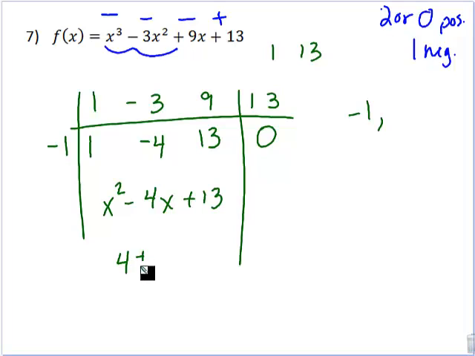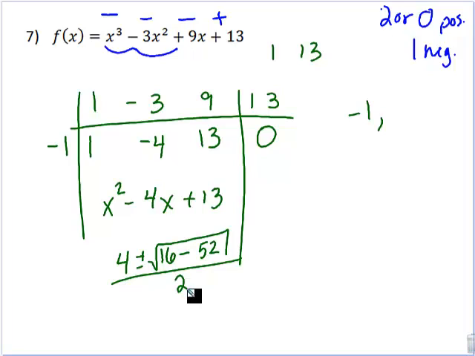Positive 4, yep, plus or minus the square root of b squared. So b squared would be 4 squared is 16 minus 4ac. So 4 times 1 times 13. 52, yep. All over 2a. 2a would be 2.